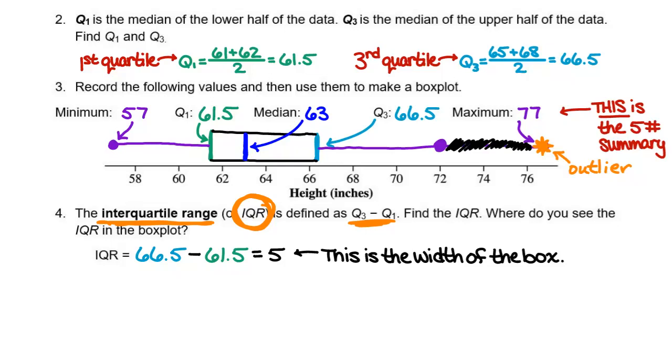So if there's outliers, they get represented with asterisks. Doesn't matter whether they're on the high end or the low end. You can have more than one outlier. It's possible to have 3 or 5 outliers. It becomes less likely because the more things that you have that are farther away from the center, that's going to make your standard deviation go up.